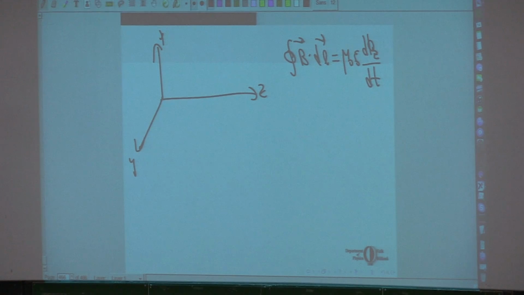So I will just choose such an area, such a loop. And I will, let's say, just go around, in this sense, around this loop. This is the point z, this is the point z plus dz. And these are perpendicular. This loop is in the YZ plane.